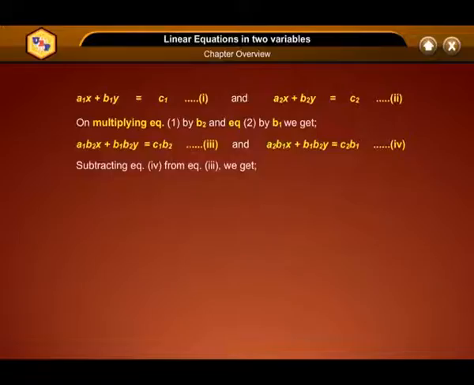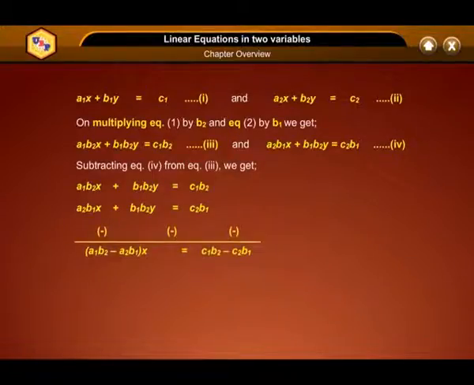Subtracting equation 4 from equation 3, we get a1 b2 minus a2 b1 times x is equal to c1 b2 minus c2 b1.